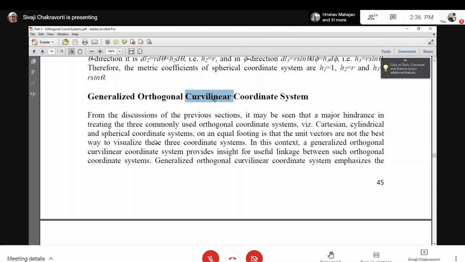Curvilinear is coming because the constant coordinate surfaces which we talked about could all be curves. It is not necessary that there has to be a plane. It could be a curved plane. And of course, the orthogonal property which we already discussed has to be followed.